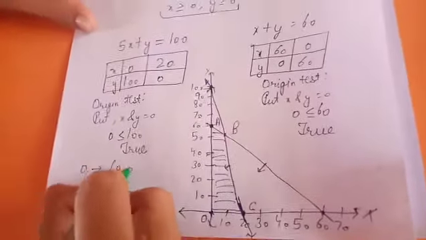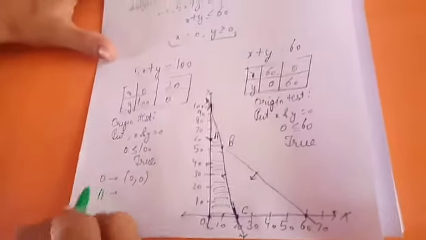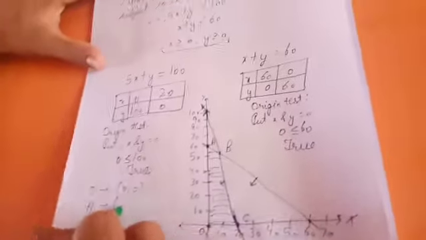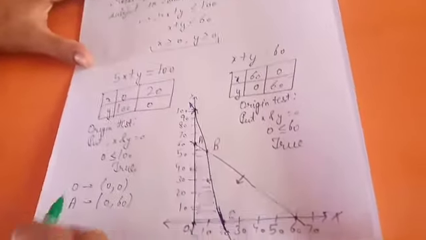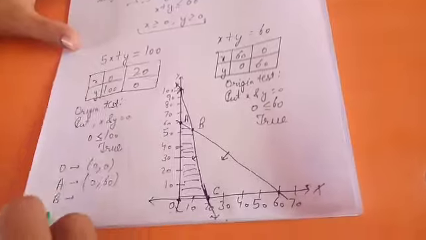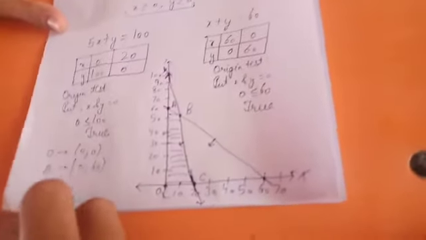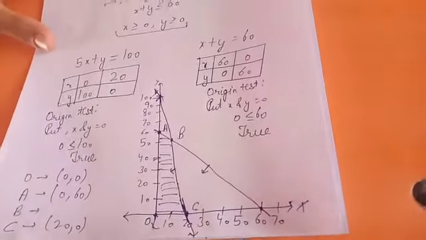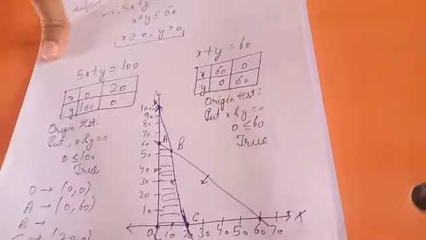Coordinates of O is 0, 0, of A is 0, 60, of B we have to find out, and of C are 20, 0.